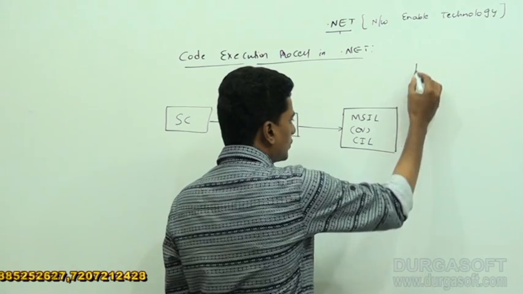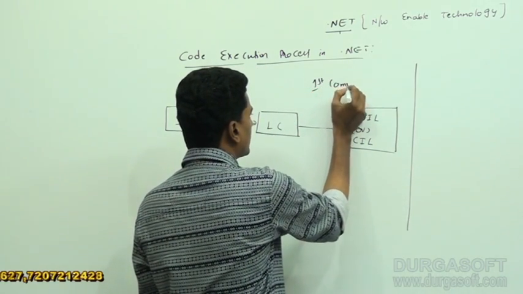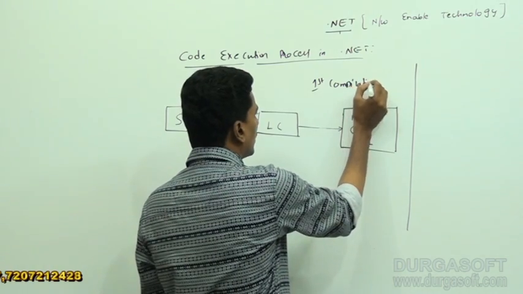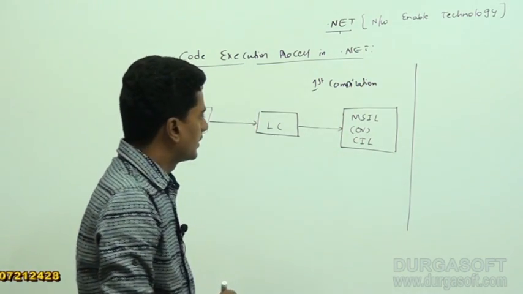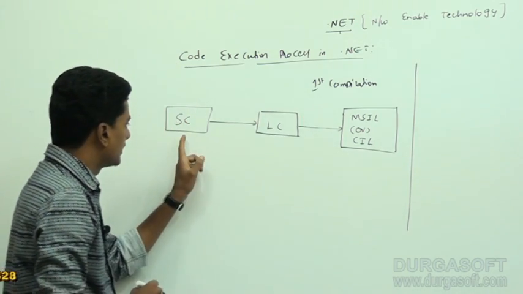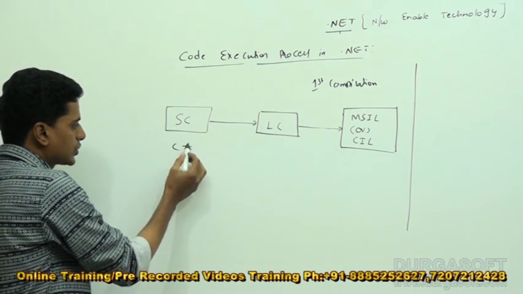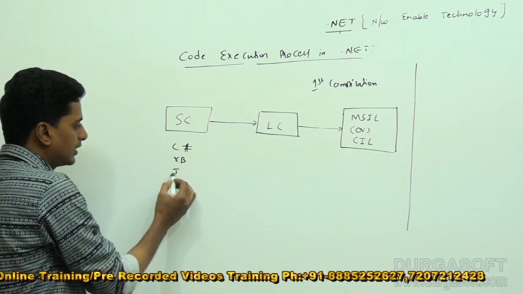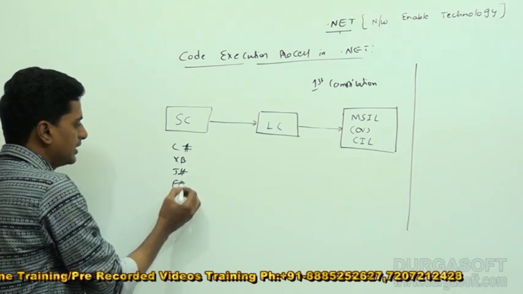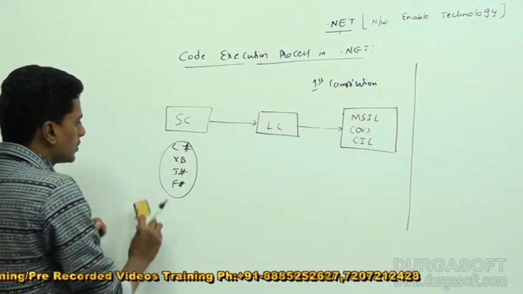So up to here is the first compilation, because in the .NET code execution process, code will be compiled twice. In the first compilation, what will happen? Source code, that means you may write this code in C#.NET or VB.NET or J# or F#, any programming language of .NET, that code is called source code.